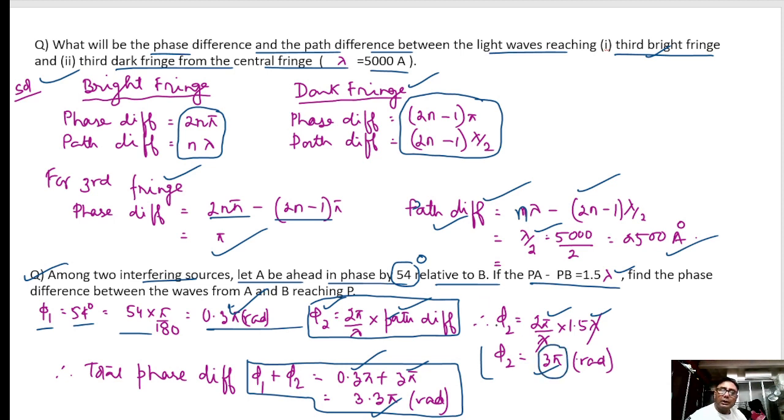So in total, how much phase difference? This plus this. It was the original phase difference, and now while traveling it is making this much phase difference. So now total phase difference will be this.